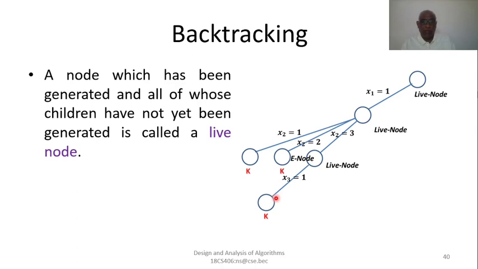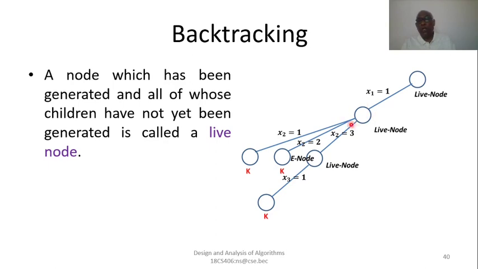At this point of time, we see that this is the node that is being expanded, and this node is called the E node. Now, the node is to be explored by constructing other children corresponding to the values x3 equal to 2, x3 equal to 3 and x3 equal to 4. Hence, this is also a live node because a live node is a node which has been generated and whose children are yet to be generated.